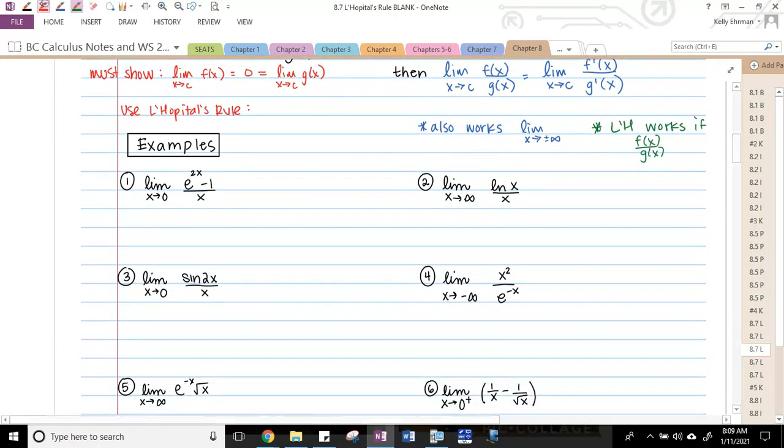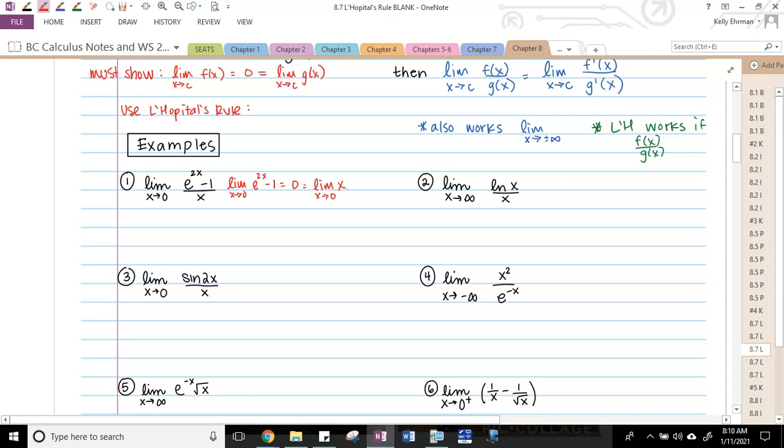Okay, finally, let's do a problem. So let's show our formality up here. Let's say the limit as x approaches 0 of e to the 2x minus 1 equals 0. Let's just double check that that's true. E to the 0 is 1, minus 1 is 0, okay? And that equals the limit as x approaches 0 of x, that's the denominator, that definitely equals 0.